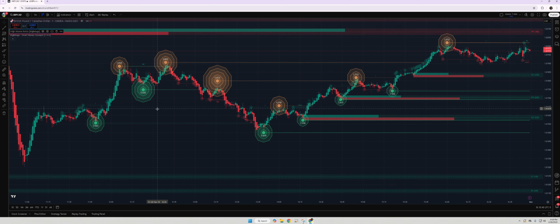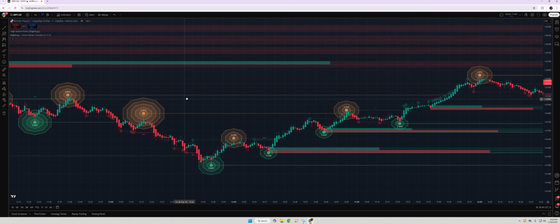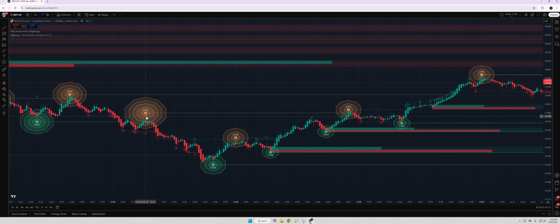Let's start with this one here. Say this popped up and you put your trade in somewhere on this candle. We count 5 minutes, each candle's worth 1 minute: 1, 2, 3, 4, 5. You would have won, or even if it still went into this one, depending on when you got in on this candle, you would have won.